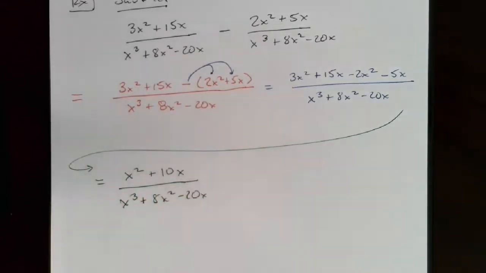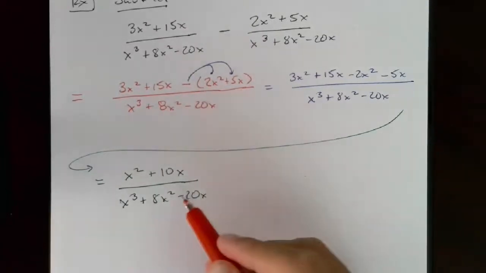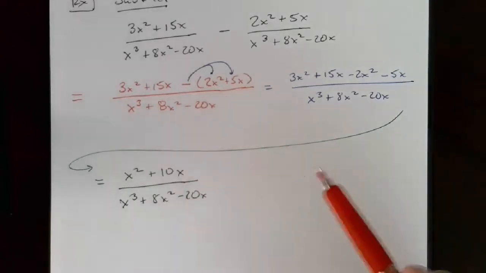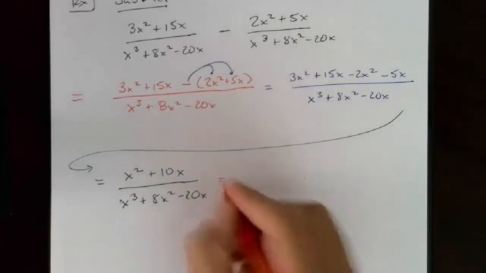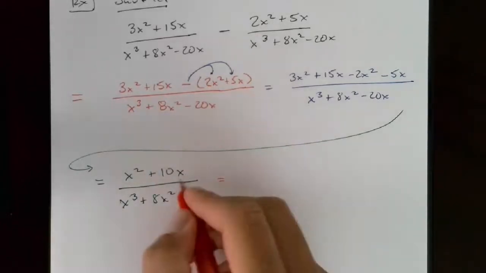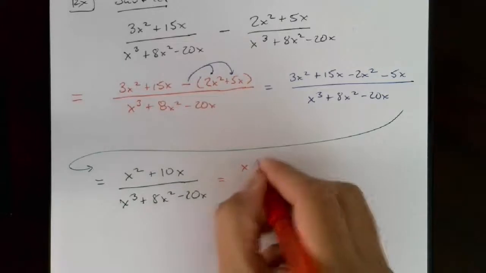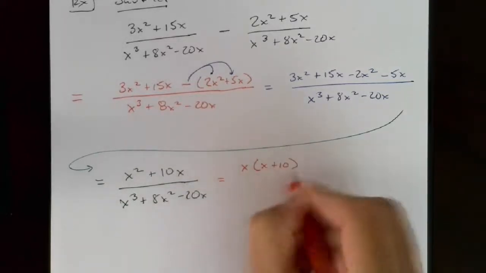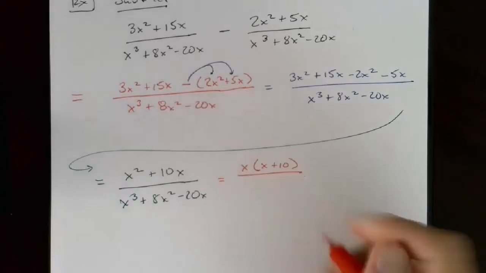Once you've combined like terms, the next thing you want to do is try to simplify this. To simplify a rational expression, you want to factor everything completely in the numerator and denominator. So factoring completely here, x squared plus 10x, the GCF is x, don't forget to factor that out, and then we're left with x plus 10 inside the parentheses.